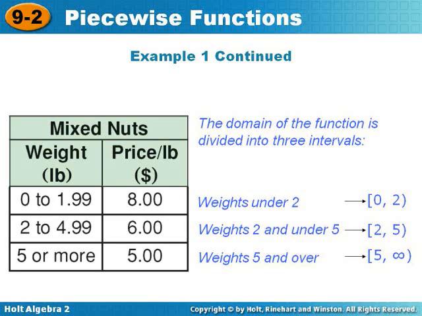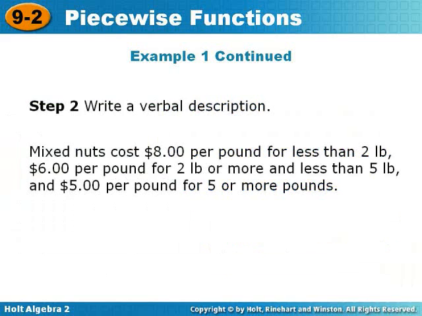Notice the notation has a bracket at the 0 and a parenthesis at the 2, meaning the 2 is not included in the price of $8, or it's not included in that interval. Then you're going to pay $6 if you get between 2 and just under 5. The 2 is included in the price of $6, the 5 is not. 5 through infinity is $5 per pound.